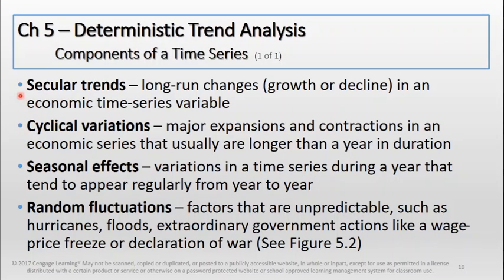So you have the secular trends, cyclical variation, seasonal effects, and random fluctuations. So in the next slide, there are graphs that I'll show you to really differentiate these 4 trends.